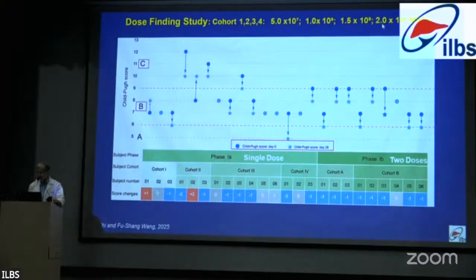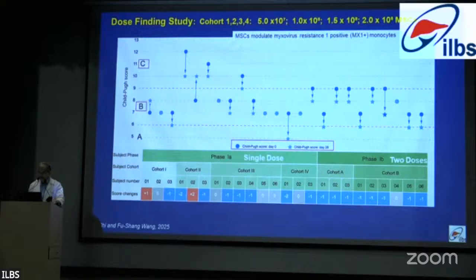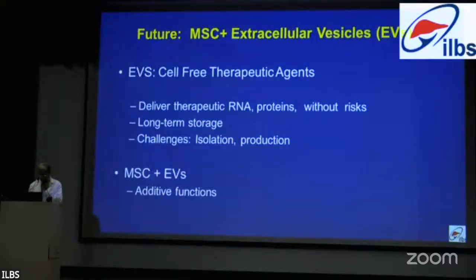I'll just summarize: 2 into 10 raised to power 8 MSCs is the most ideal dose. And he also found a new subset called MX1 positive monocytes. And these MX1 positive monocytes probably are the ones we have to watch. They are the ones which will stimulate.